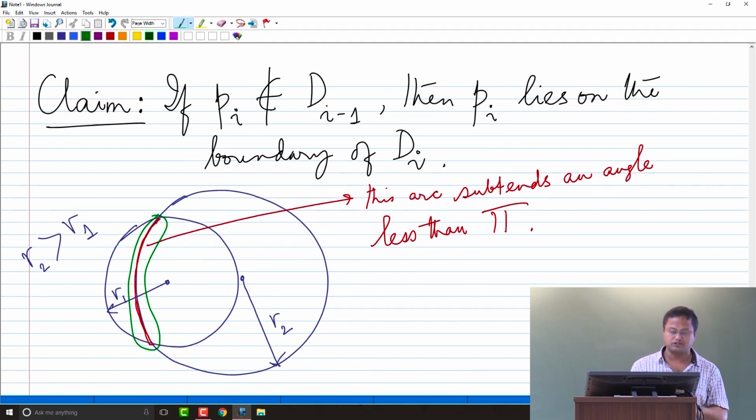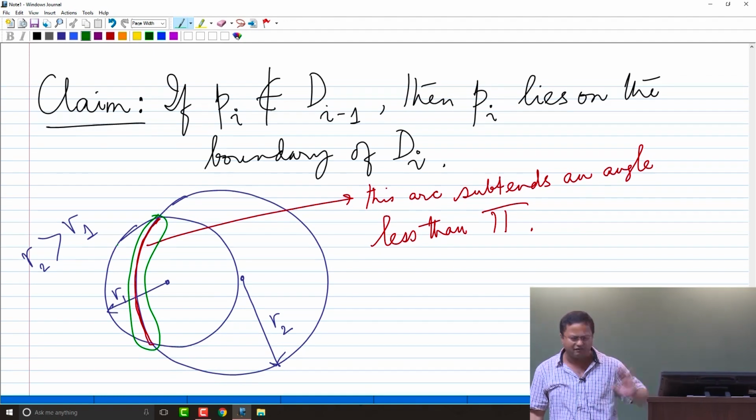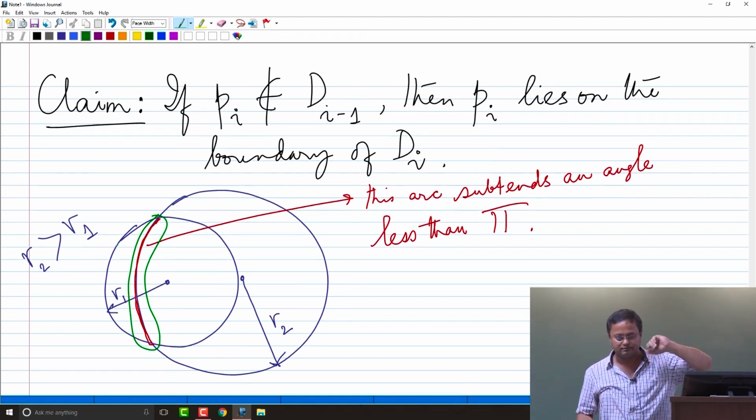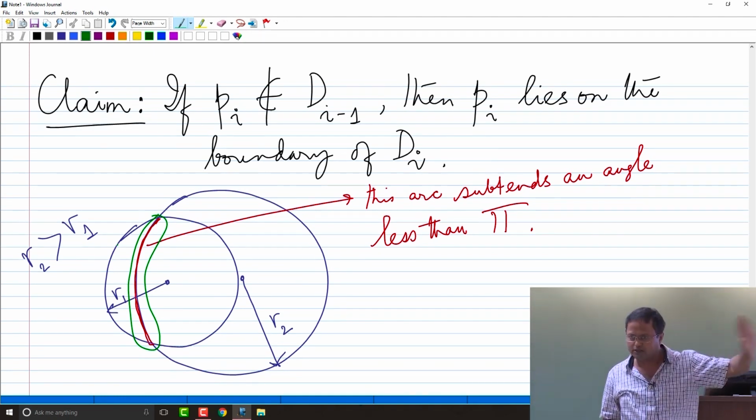So, I am arguing only on this intersection part. If this intersection part was more than pi, then it is like 2R2, within which you cannot have 2R1 on the boundary, agreed. So, this is the first thing. You can write a very formal proof of this. No one has any confusion with this one?